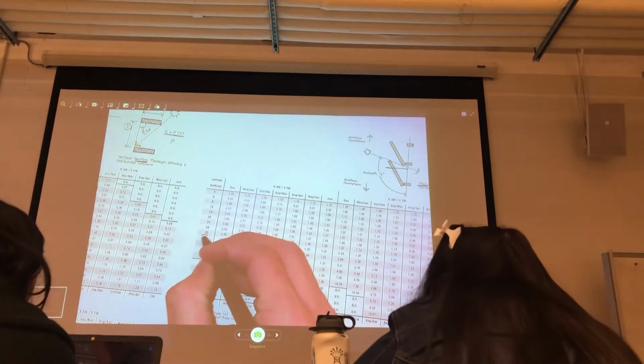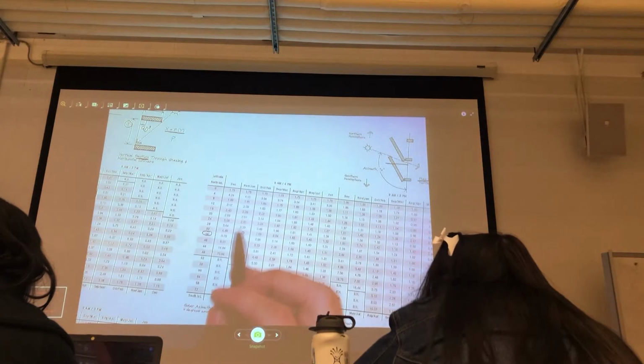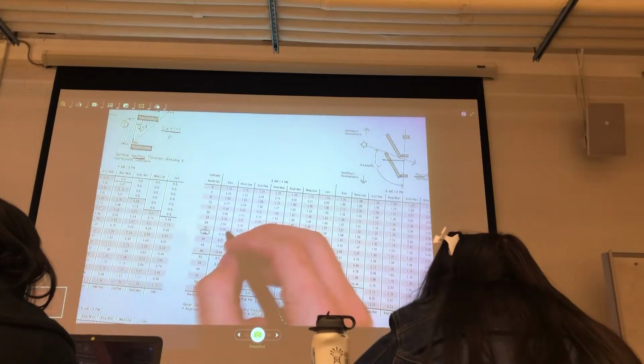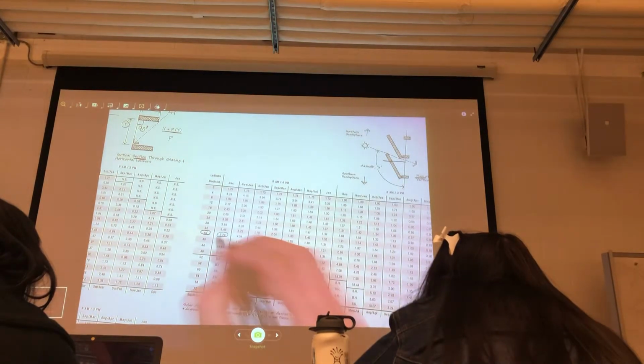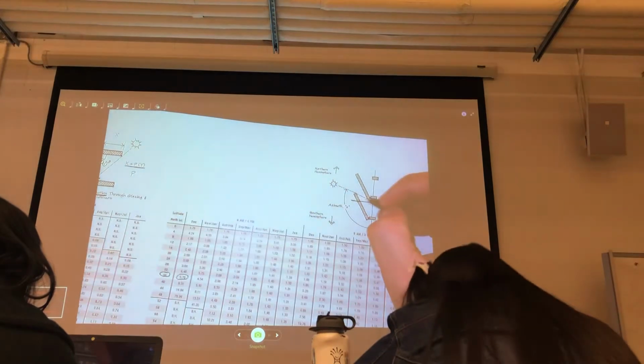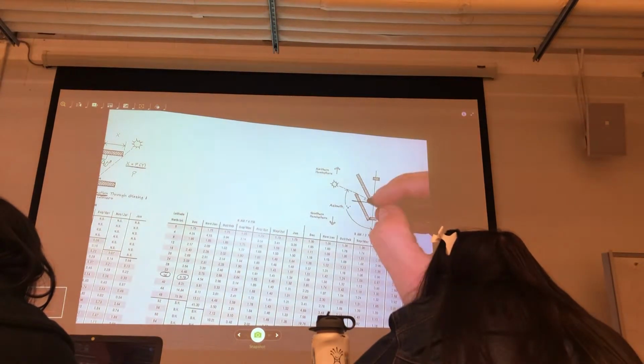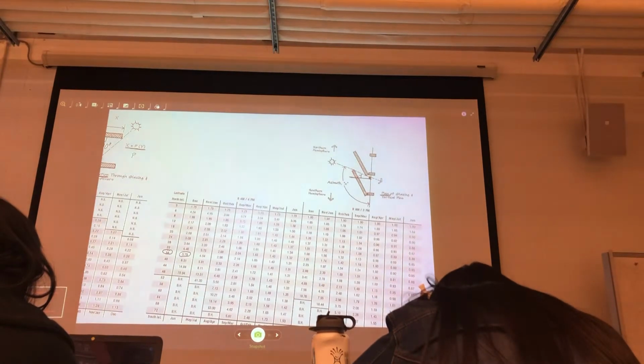And again, I can figure out what that angle needs to be compared to perpendicular to my window. So if I wanted to block out sunlight at 36 degrees north latitude, and I wanted to block out the sun all the way through December, that means that from perpendicular, if I were to go to this exact point here, I would need to make sure I have an angle of at least 5.7 degrees.